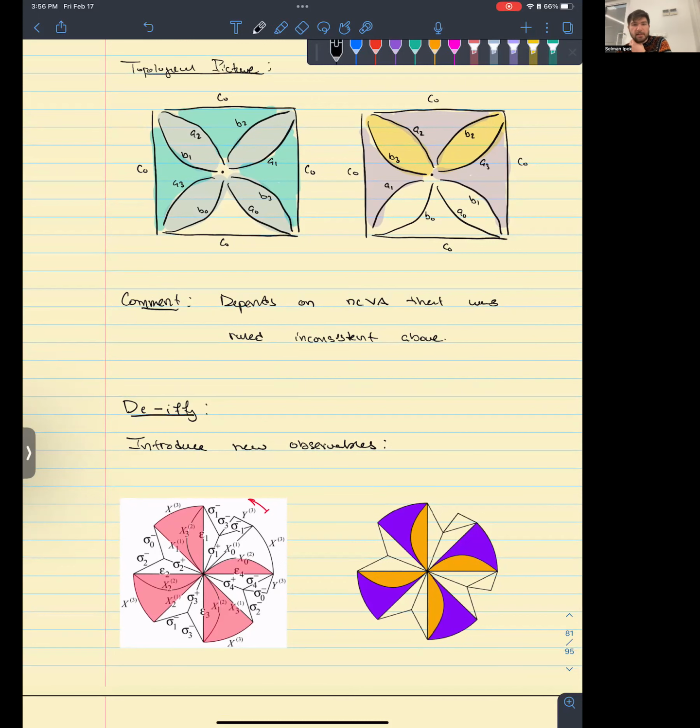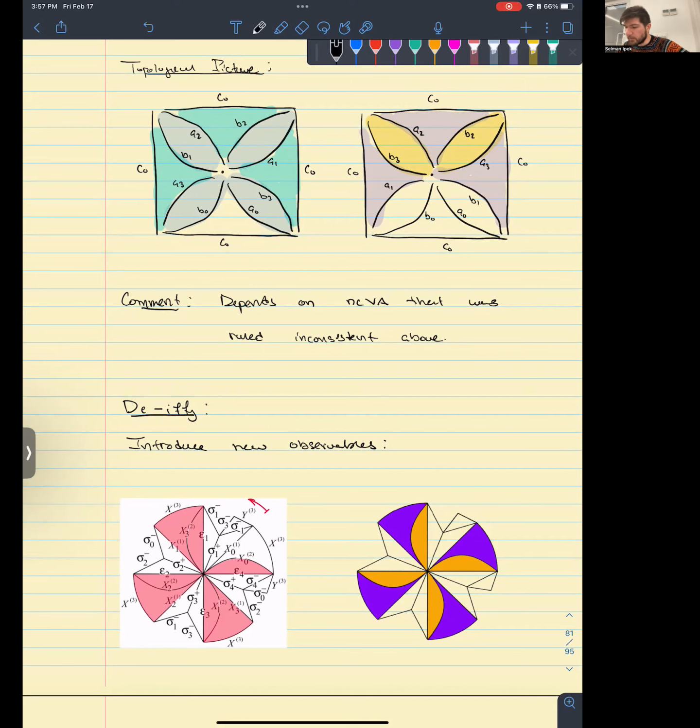Remember, C1 is the outcome corresponding to when you measure Y. So depending on whether you get the outcome of the third qubit to be 0 or 1, you have these 2 different pictures in which each of the faces corresponds to simultaneously measurable observables.